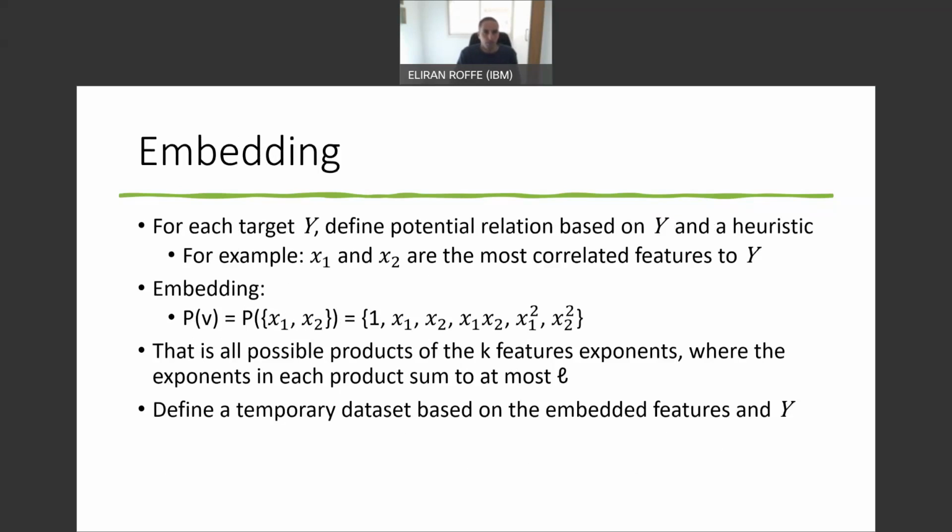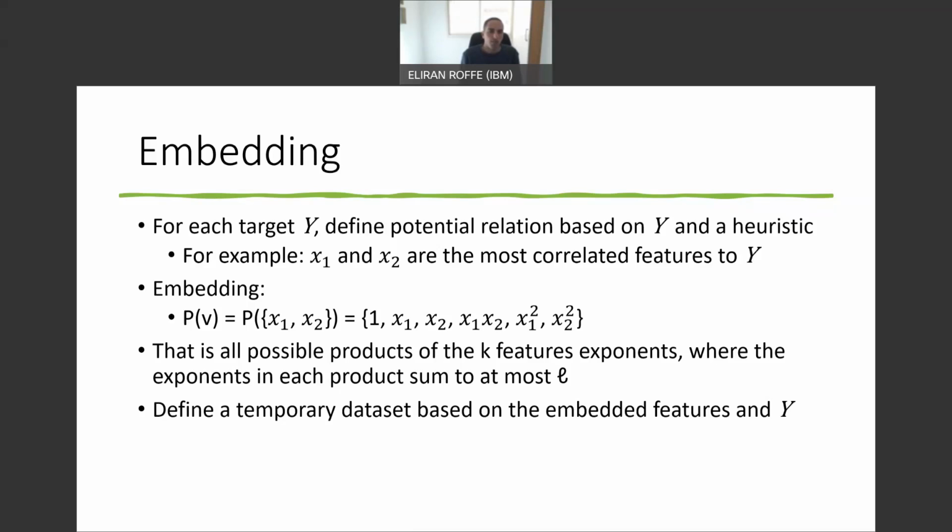Now we'll define an embedding. For each target y, we define a potential relation. We also have a heuristic to decide which features will participate with the feature y. In this case, we took a very straightforward, easy heuristic, which is to take y and find the two most correlated features. We mark them as x1 and x2.